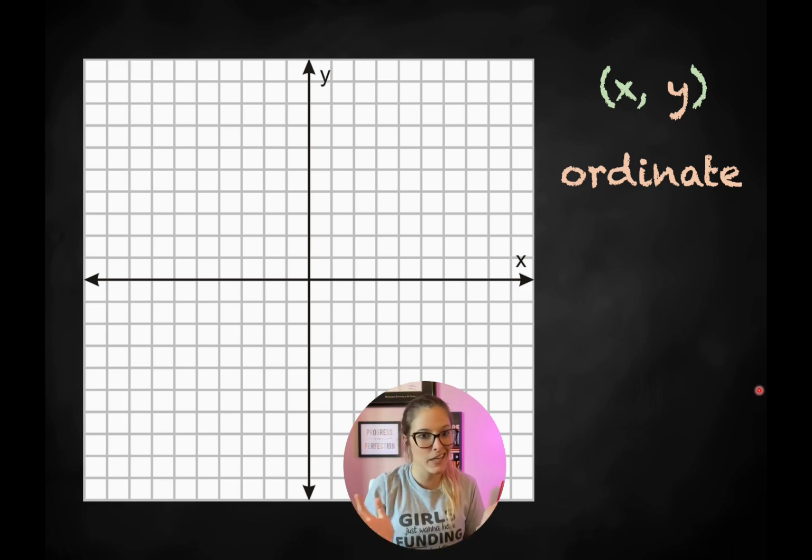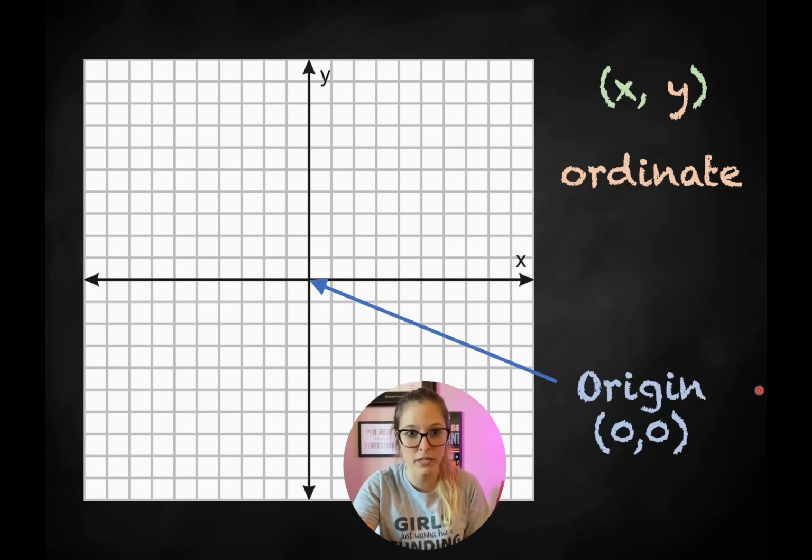So think of it like a game of battleship. With just two directions, horizontal and vertical, you can communicate positions to a partner. To plot a point in this system, you start at the origin, which is right here, typically denoted as (0, 0) because it's 0 horizontally and 0 vertically. And this is the point where both our x, or horizontal, and our y, or vertical, axes meet.